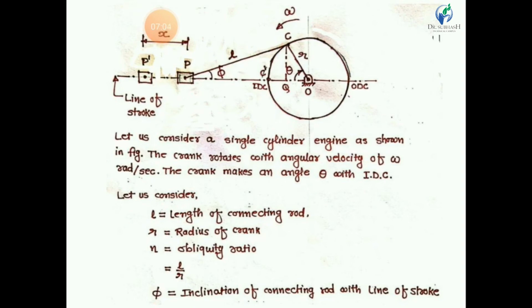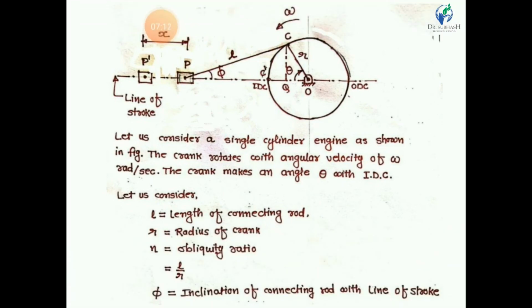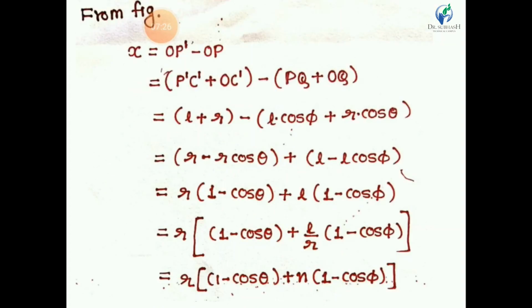If we derive an equation of displacement, then we can also derive equations for velocity and acceleration. So x is a displacement, x is equal to P dash P, which is OP dash minus OP.